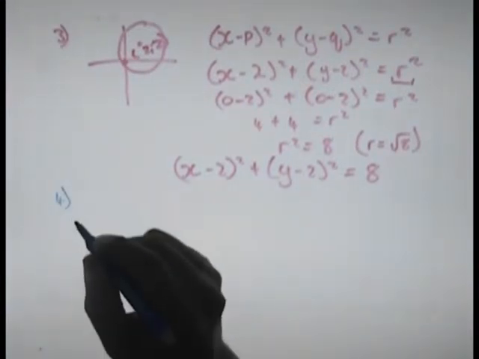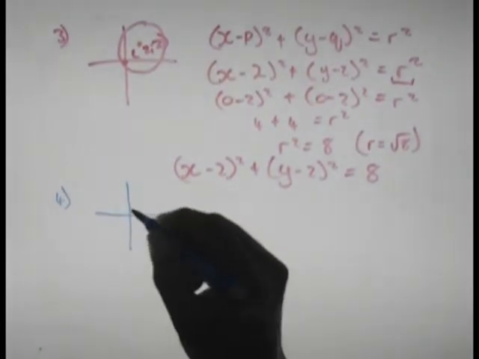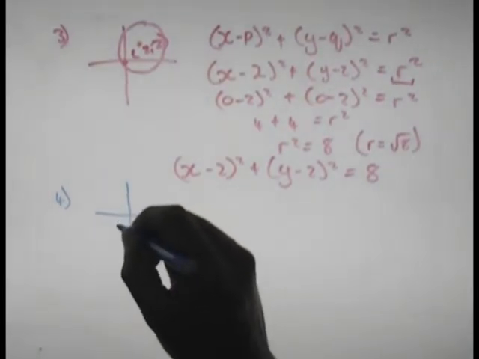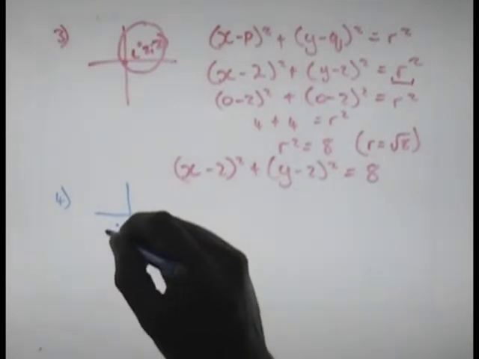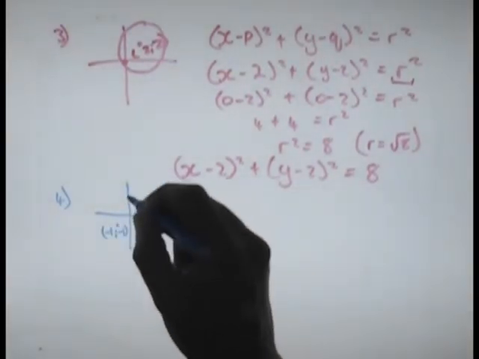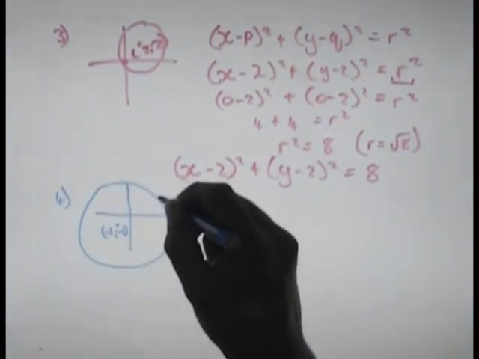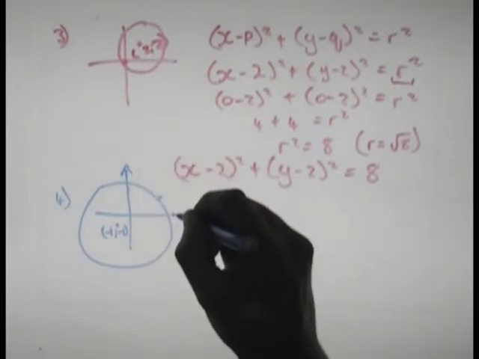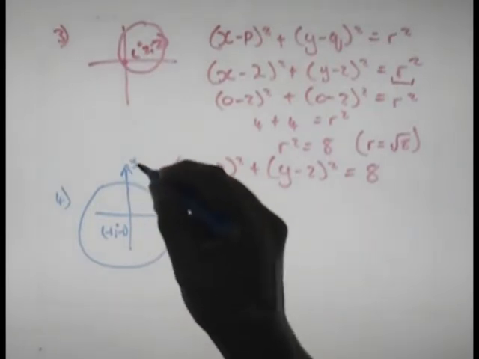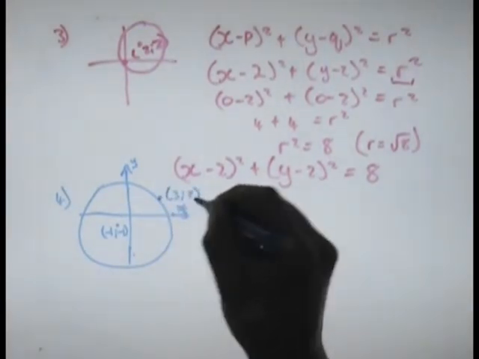The next one that I gave you to do had our circle centered around the point -1, -1, and passing through the point, that's x and y axis by the way, passing through the point x is equal to 3, y is equal to 2.